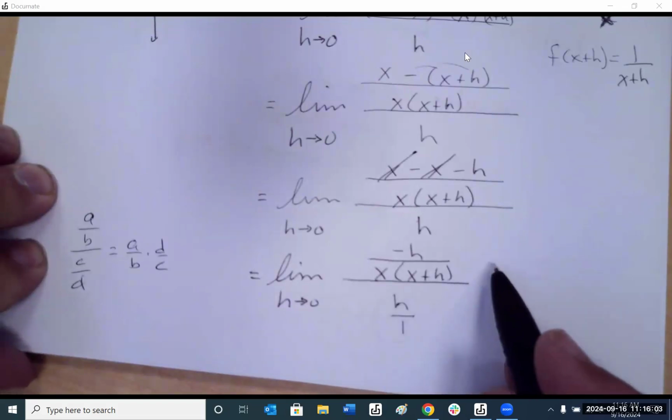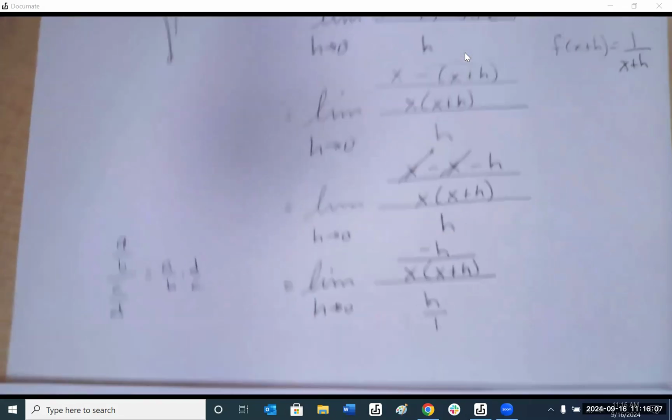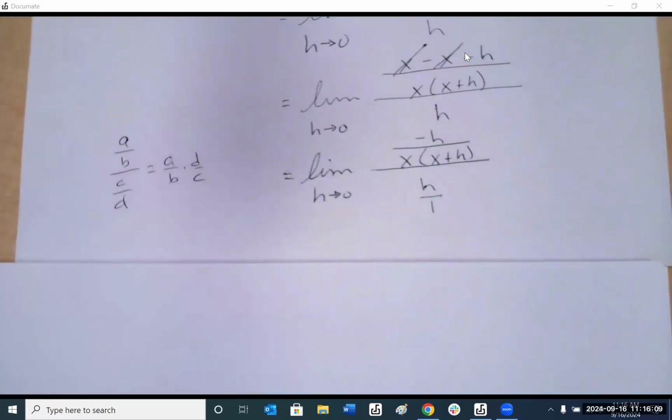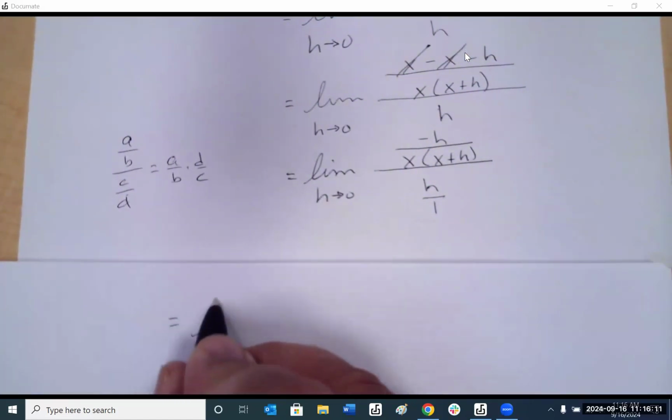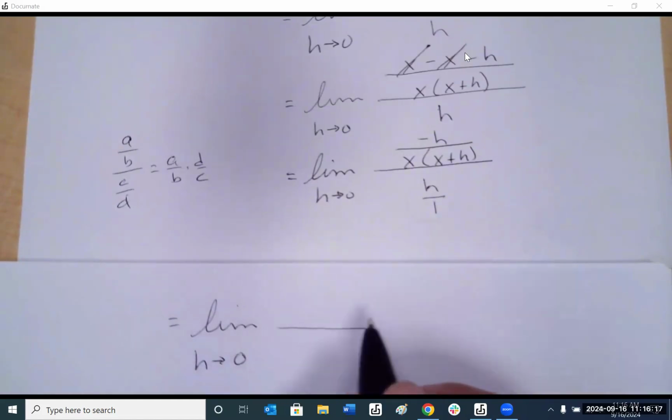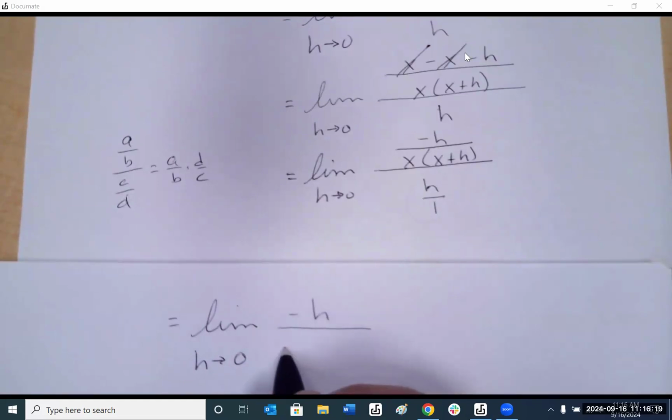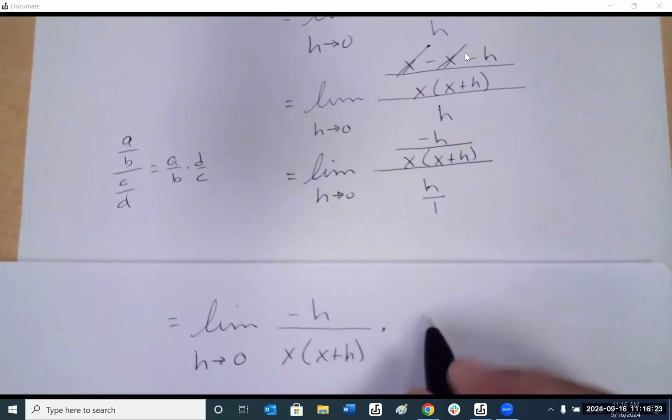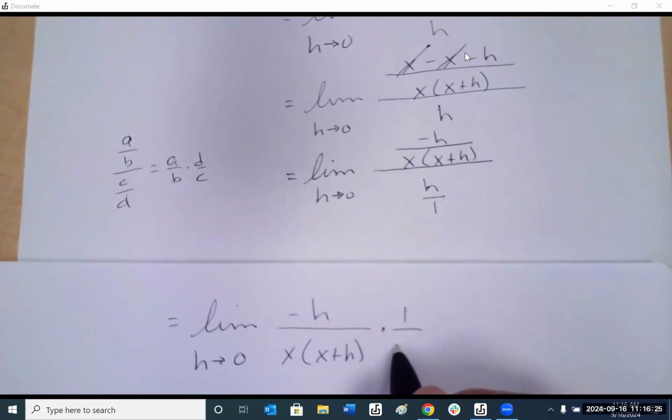So this I'll multiply to 1 over h to the top. Negative h over x plus h, times 1 over h.